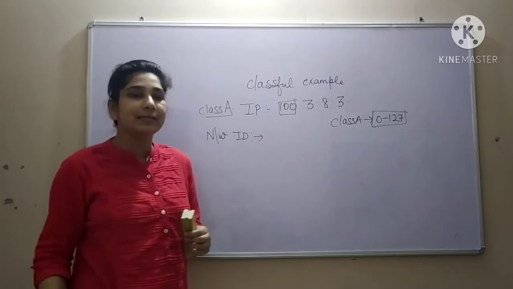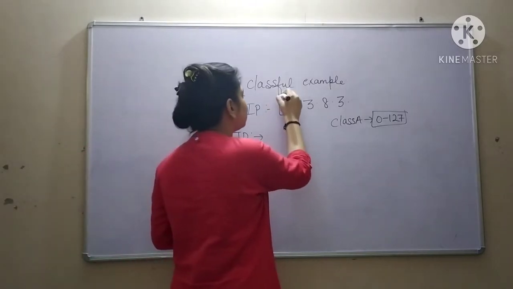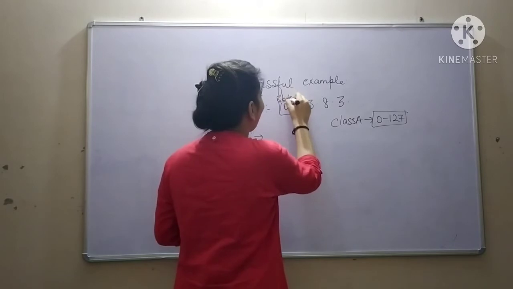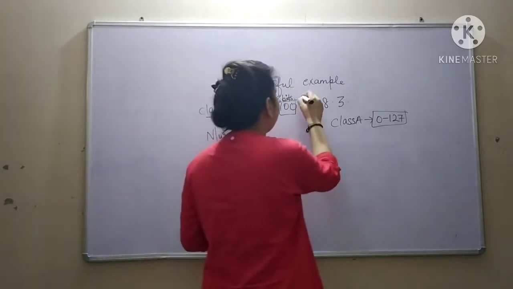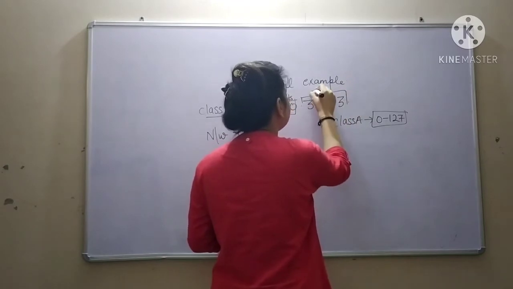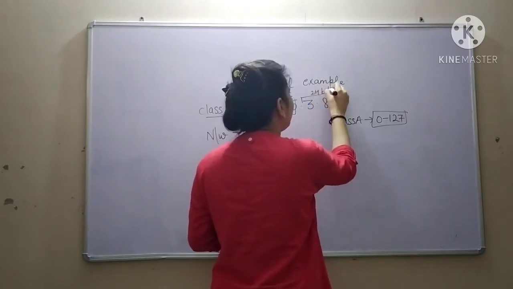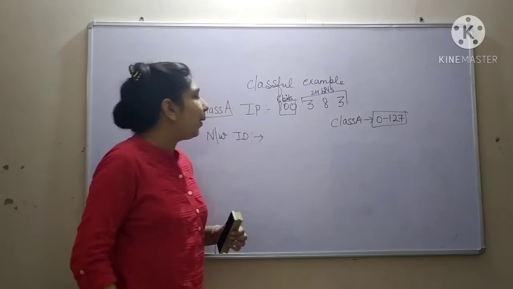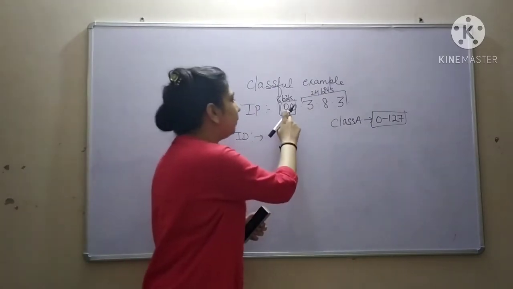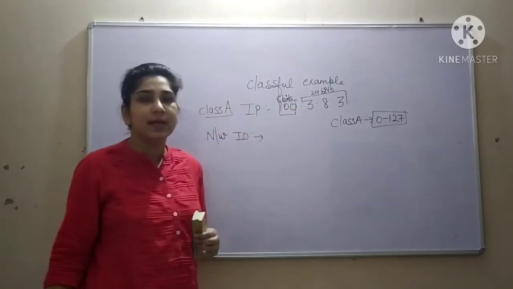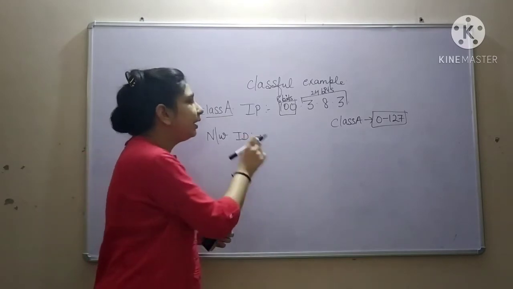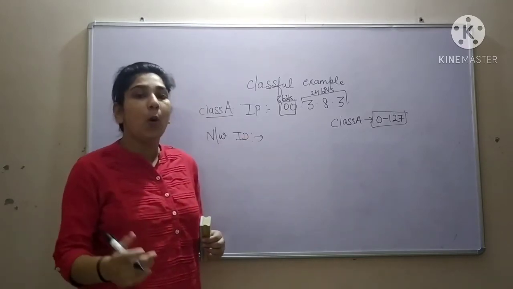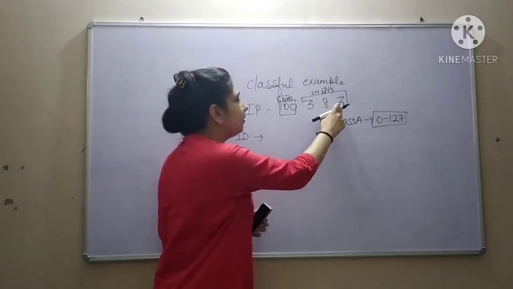In class A we have 8 bits network ID and 24 bits host ID. So how will we find the network ID? Put all zeros in the host ID part.